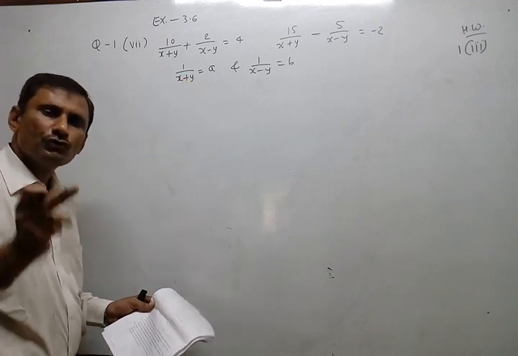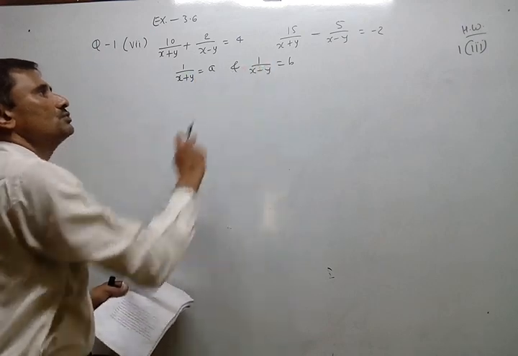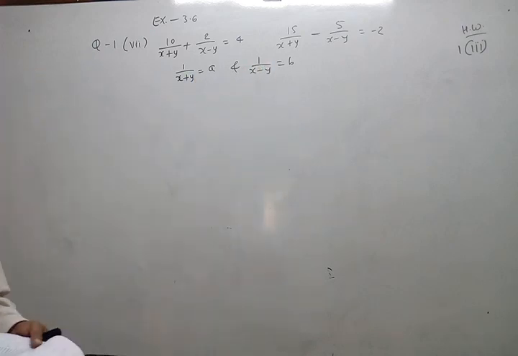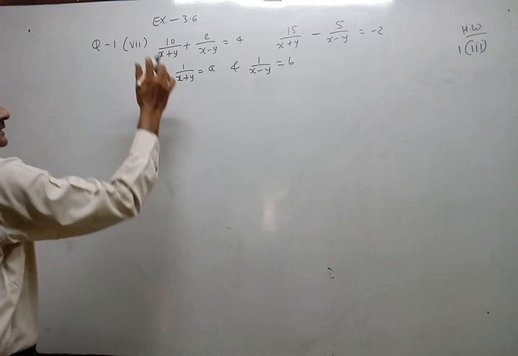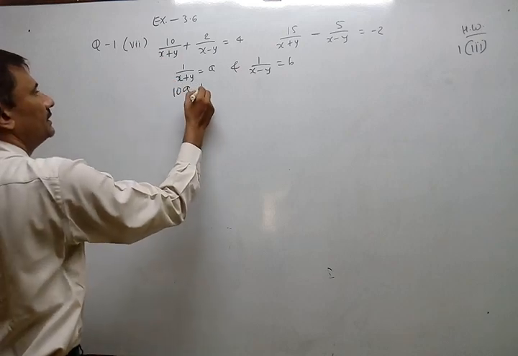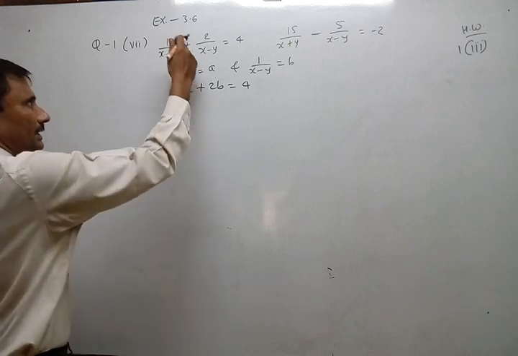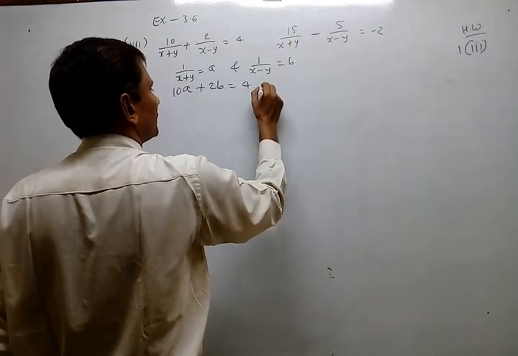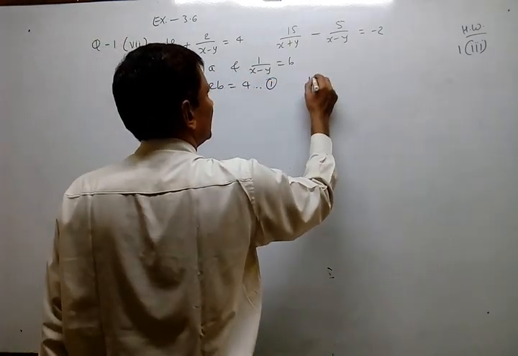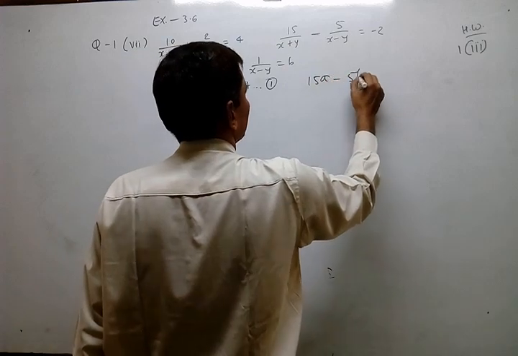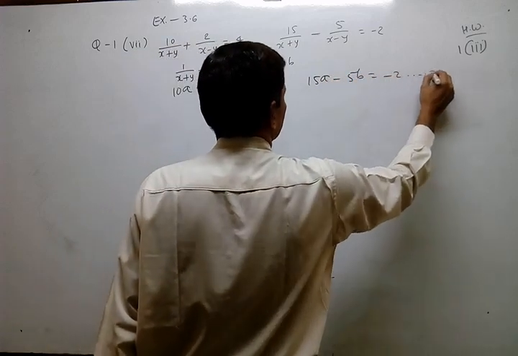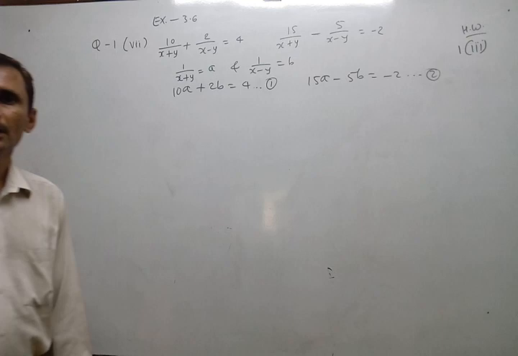Whatever is given, for that purpose you have to suppose a new variable. Now, as usual, write down 10a plus 2b equal to 4. Equation number 1. 15a minus 5b equal to minus 2. Equation number 2.